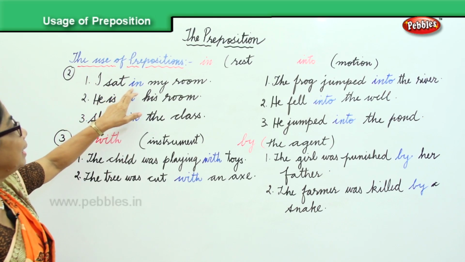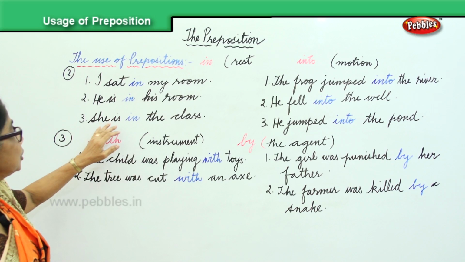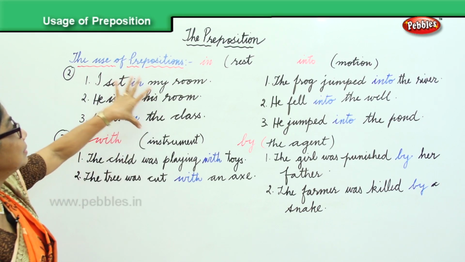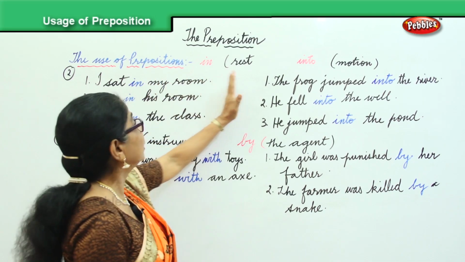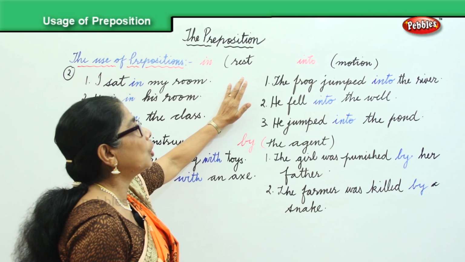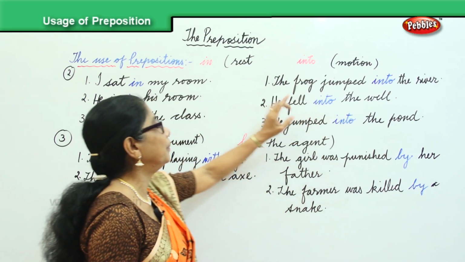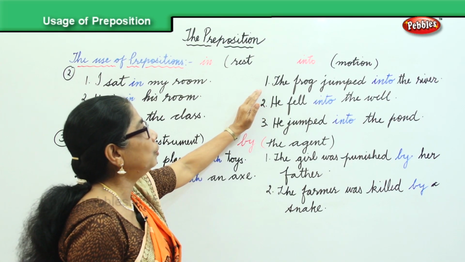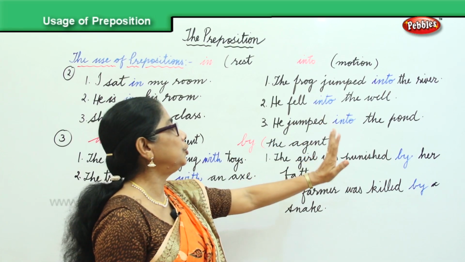I sat in my room. He is in his room. She is in the class. Now, this is showing rest. Now, movement, motion. The frog jumped, showing motion. So, we use into the river. He fell, again motion, into the well. He jumped into the pond.